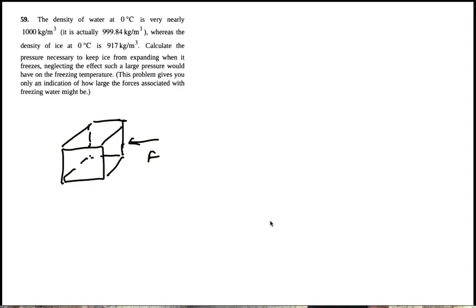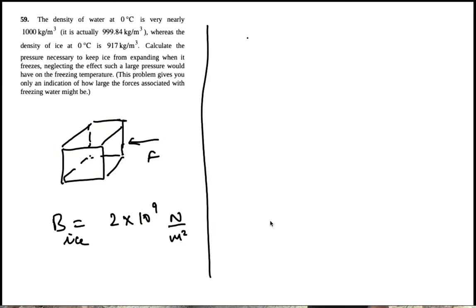The bulk modulus of ice is given by 2 times 10 to the 9 pascals, Newton per meter squared.